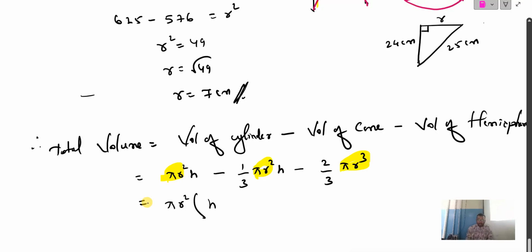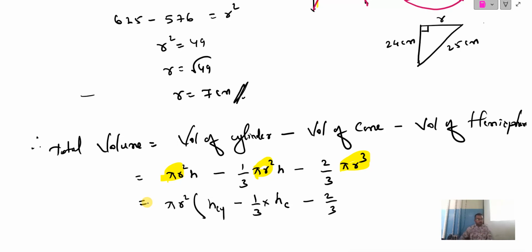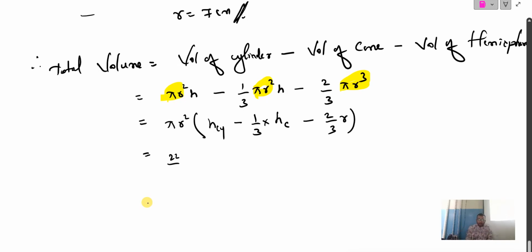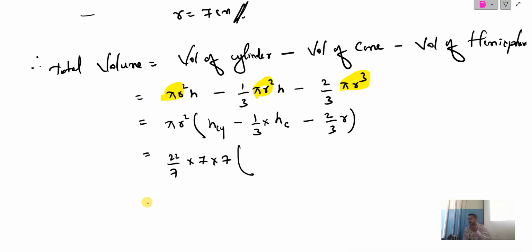From here to here is the height of the cone, 24 centimeter. From here to here is the radius or height of the hemisphere. This is the center, right? Either you can take it as radius or you can consider that as height. So as we know r is 7 centimeters, the height of the hemisphere is also 7, because the radius and height of a hemisphere are always the same.